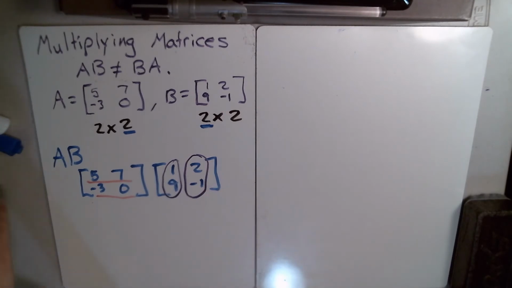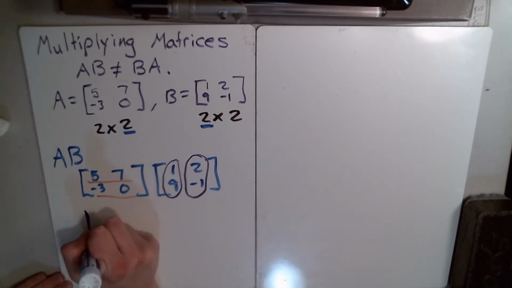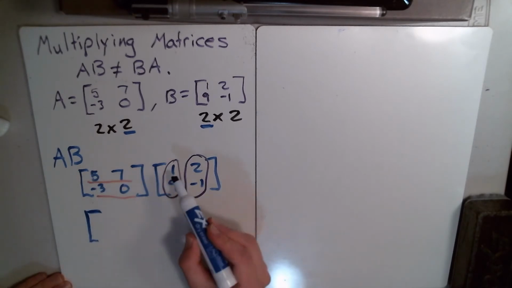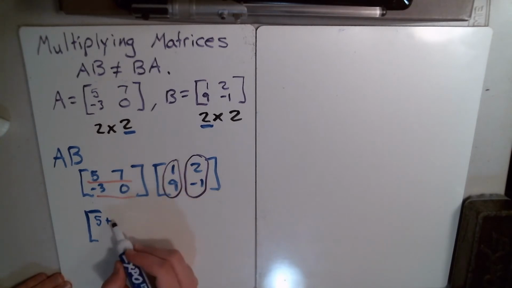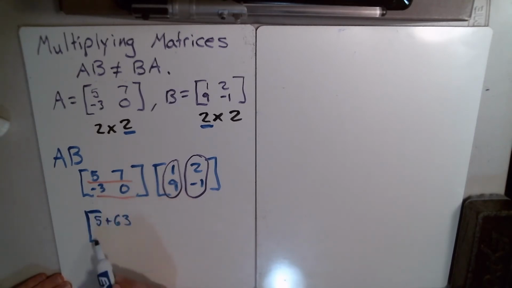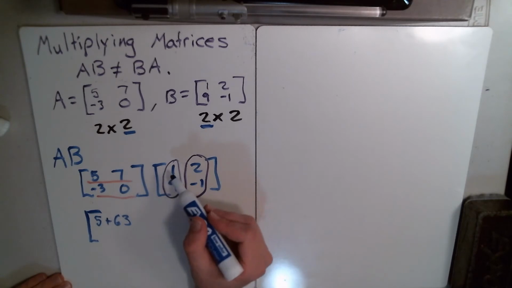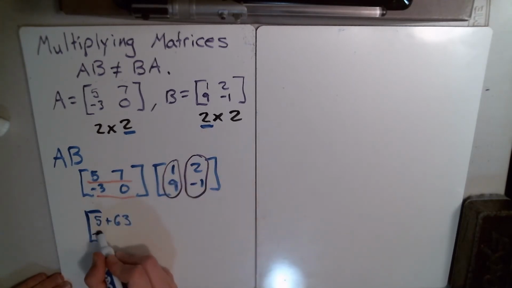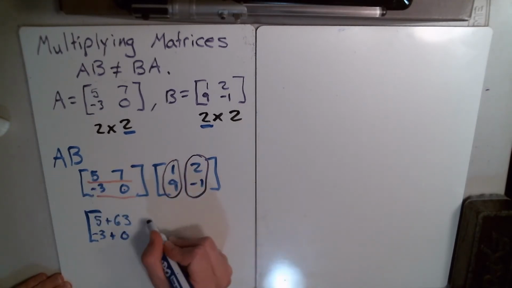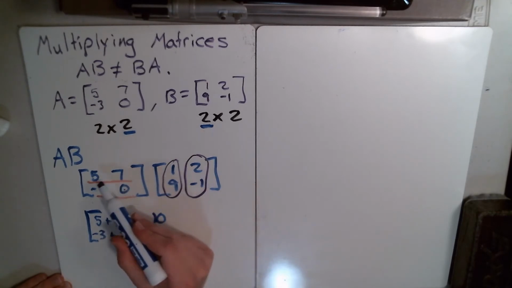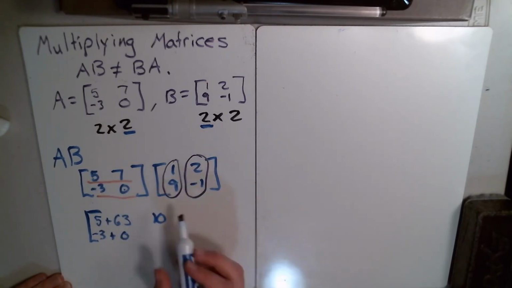Okay, so what do I get when I do this? 5 times 1 is 5, plus 7 times 9 is 63. Okay, then second row, -3 and 0. So -3 times 1 is -3. 0 times 9 is 0. 5 times 2 is 10. Because now we're doing second column, right?